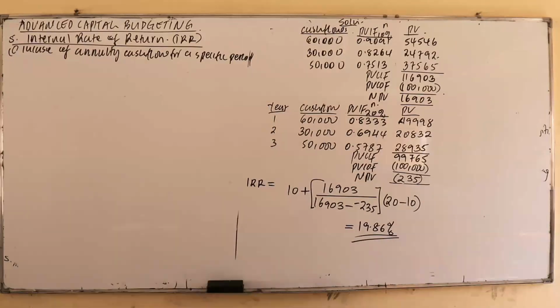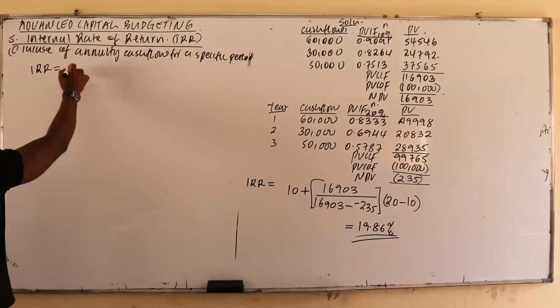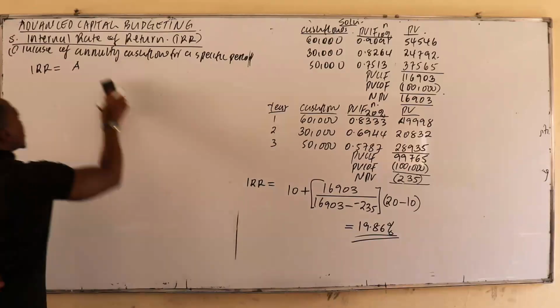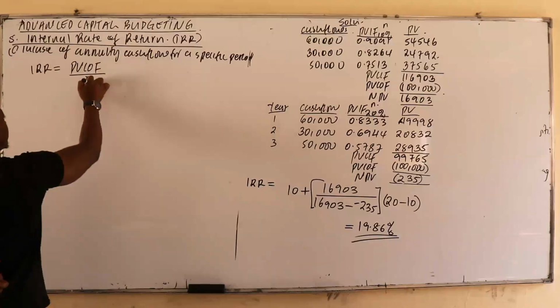So how do you determine IRR? IRR is equal to the present value of cash outflow divided by the annuity.